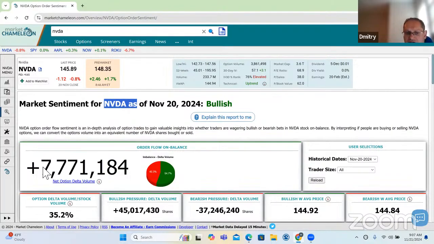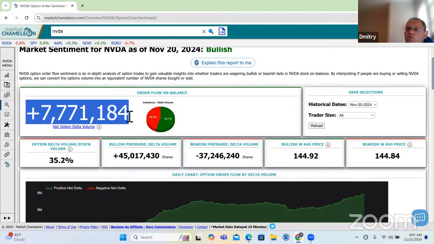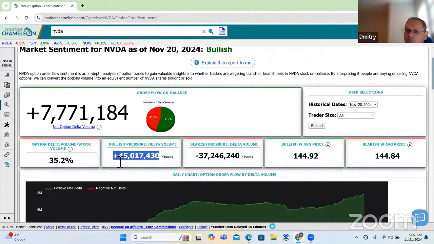And this top part here tells us what the total imbalance was. So if we take all the bullish trades, you could see here, these were all the bullish deltas. Here are all the bearish deltas. So if we sum them up, right, we'll get the total imbalance.